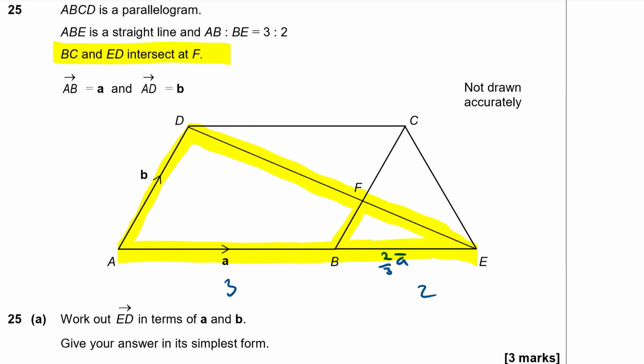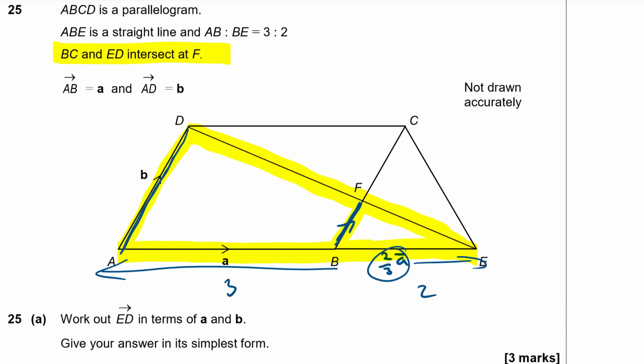So the ratio of the bigger triangle is 5 to 2, because this was 2/3, look, and then from here all the way along to here was 5/3. So the small triangle to the big triangle is in a ratio of 2 to 5, which means that this side here is going to be 2/5 of B.